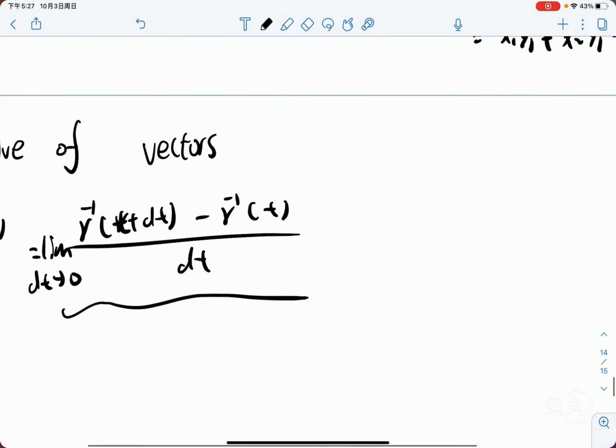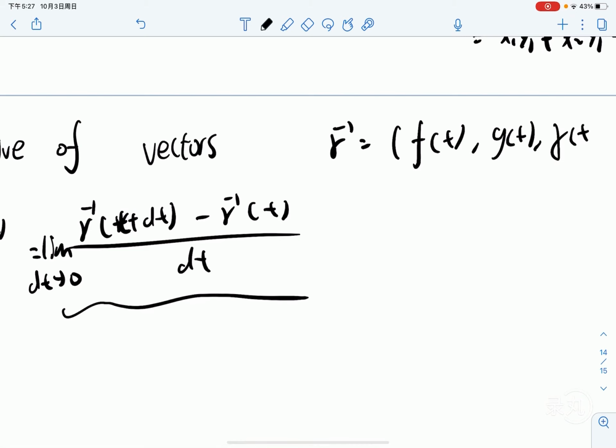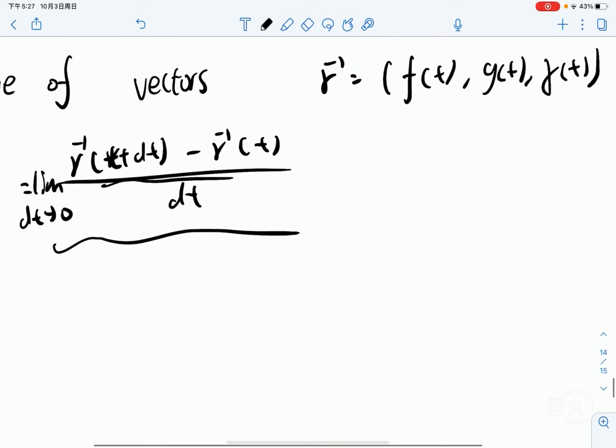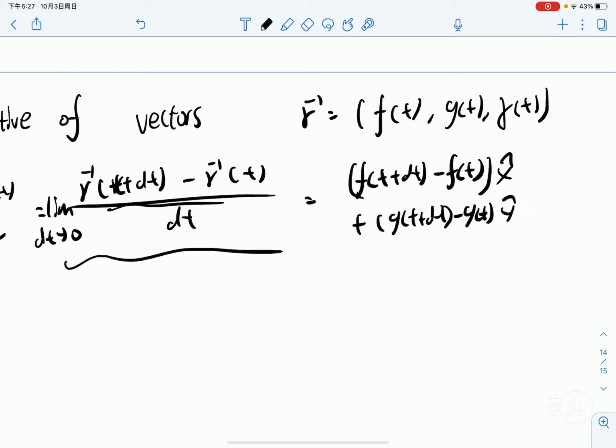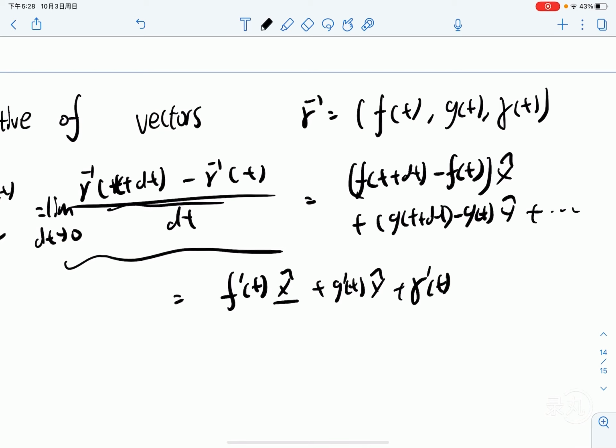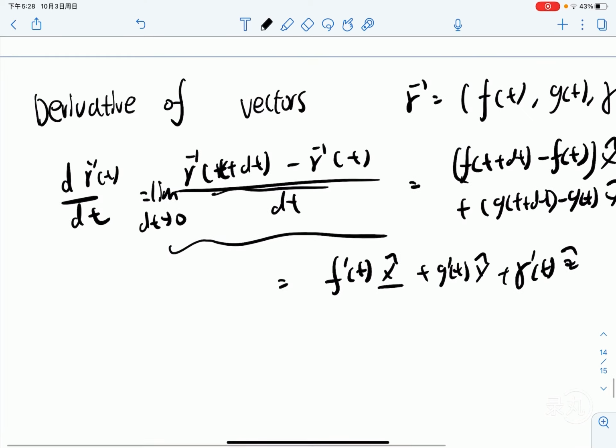If, for example, r is equal to f(t), g(t), gamma(t), by separating out the components, you get f'(t) times the x direction plus g'(t) times the y direction plus gamma'(t) times the z direction. This is the way you find the value of this.